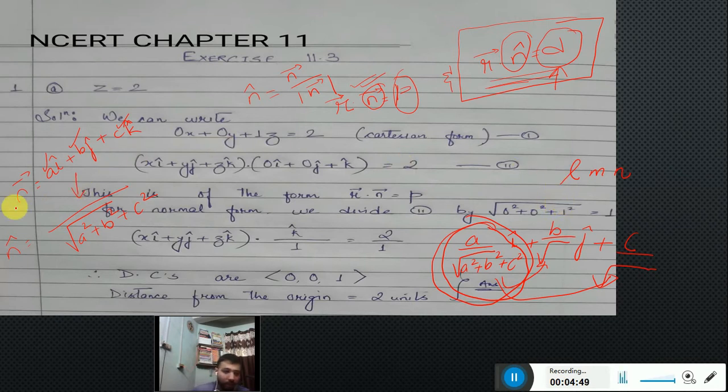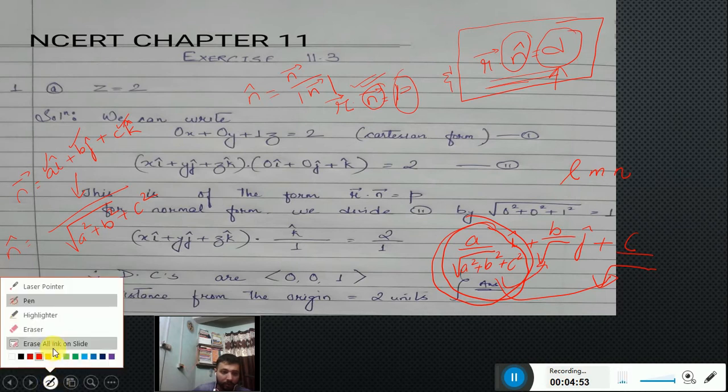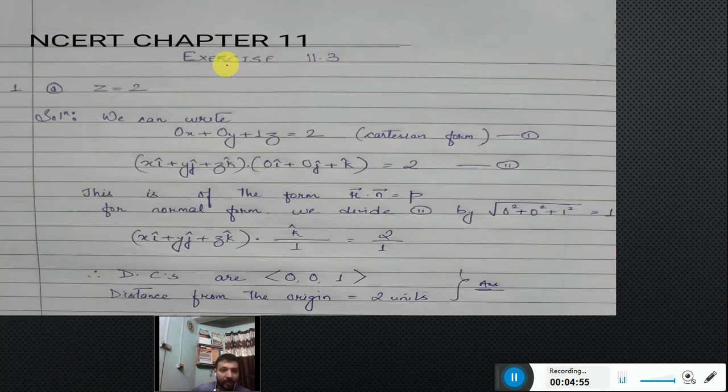So how are you supposed to do it? Let's see. The question is given to you as z equals 2. Z equals 2 means what? Your equation looks like this. You remember? ax plus by plus cz equals p. Let's change it to p.